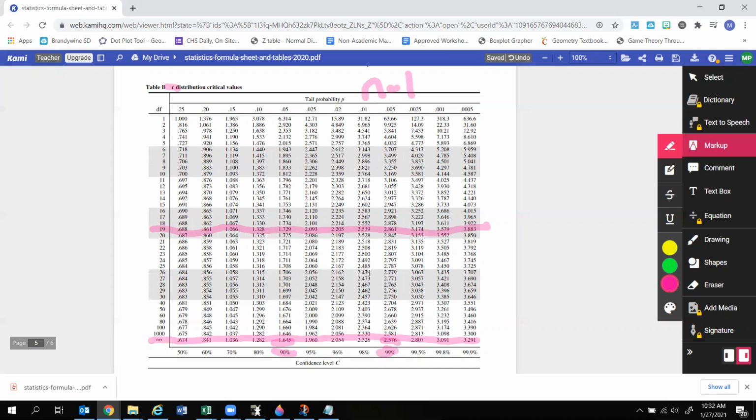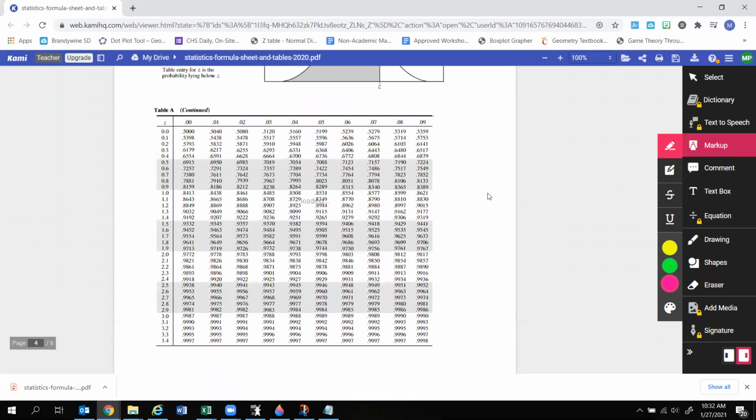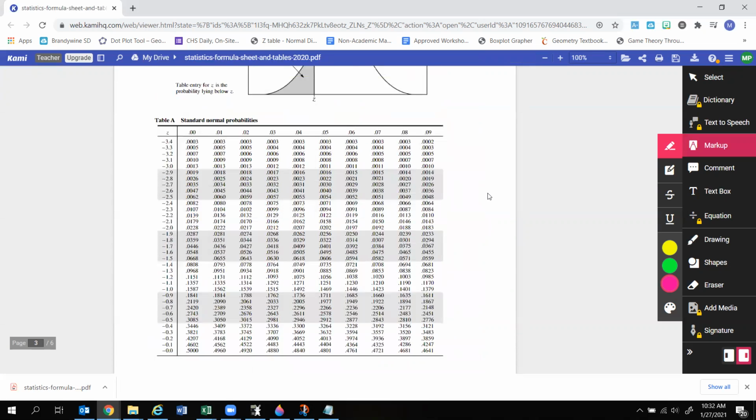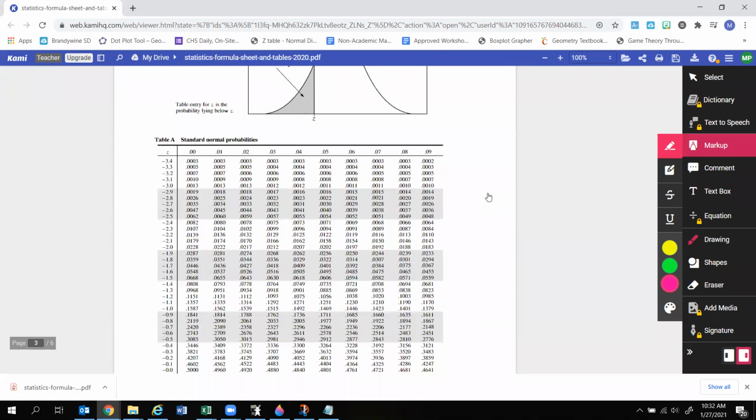Let's say that you are doing a Z interval, but it isn't one of these. Let's say your teacher gives you a 94% confidence level. Then you have to come back up here. Remember, when you are finding this, you want to find the tail size.